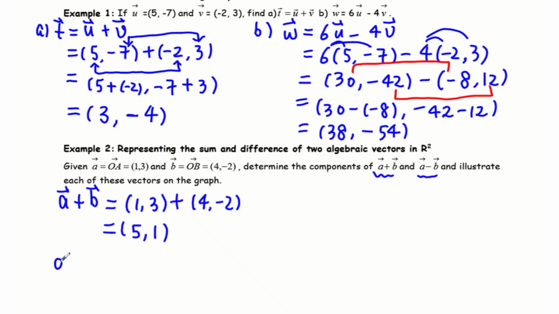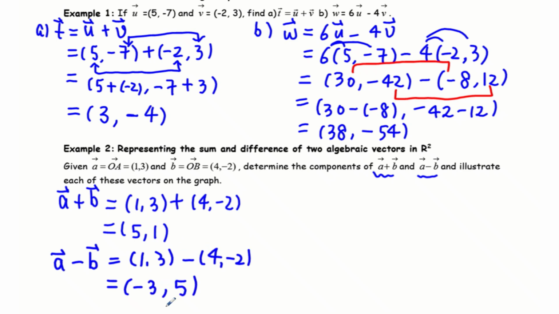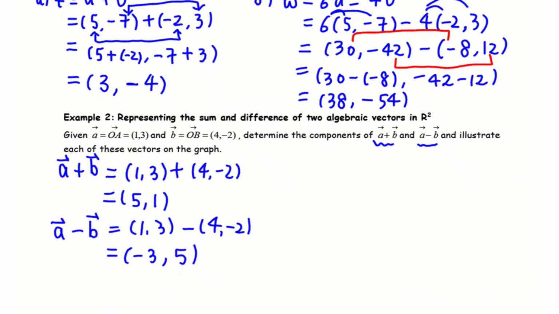And A minus B is 1, 3 minus 4, -2. So 1 minus 4 is -3. 3 minus -2 is 5. Then it's done. So these are component vectors, and if you want to use unit vector form, you could change it to i and j, okay?